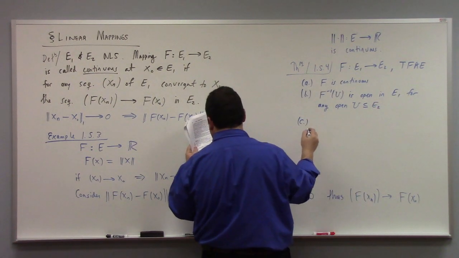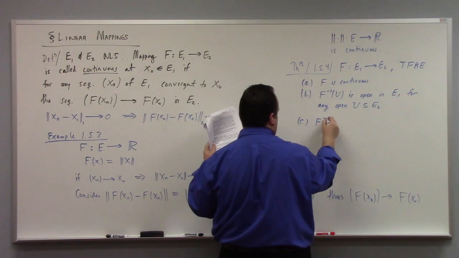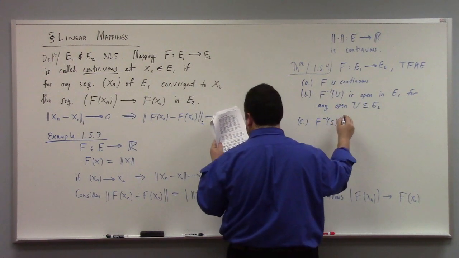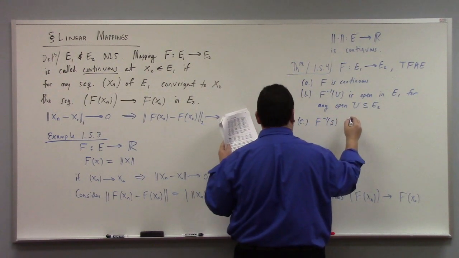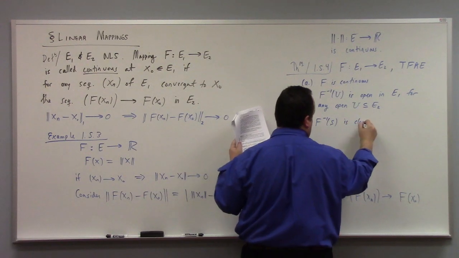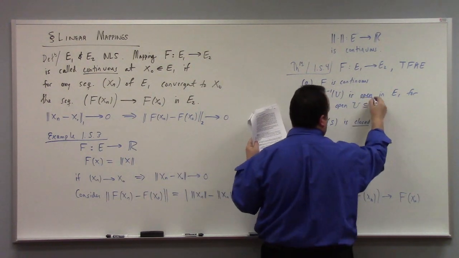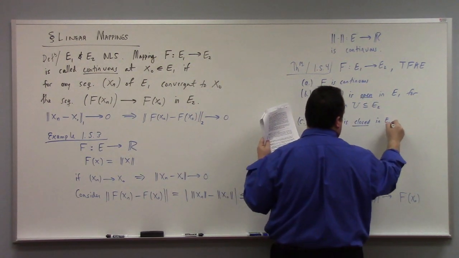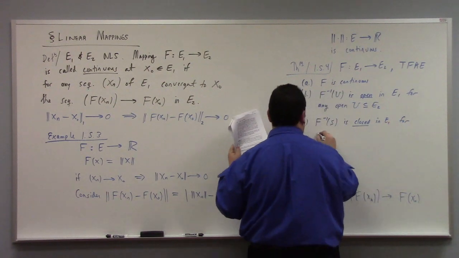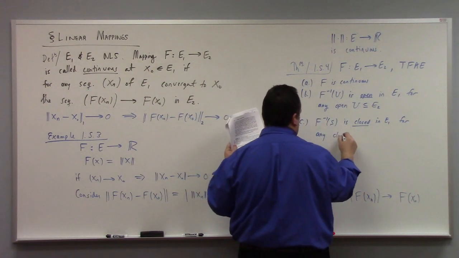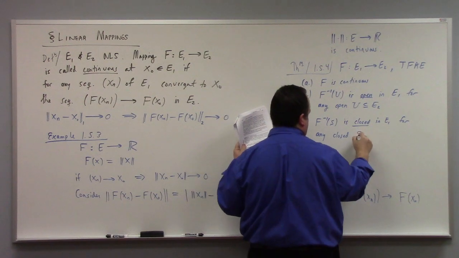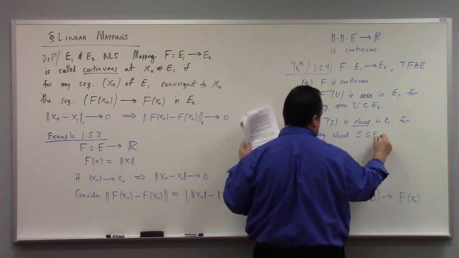C, F inverse of S is closed in E1 for any closed S subset of E2.